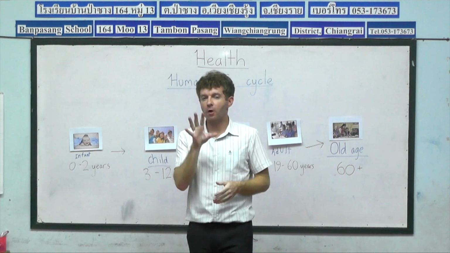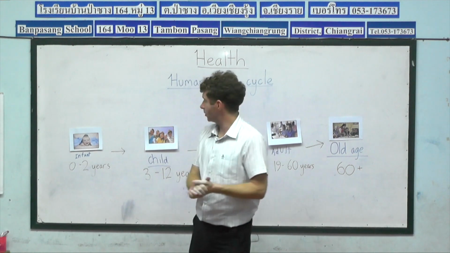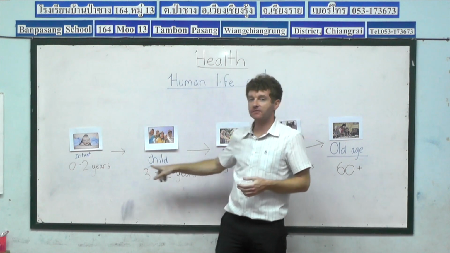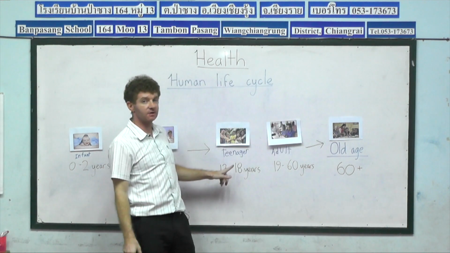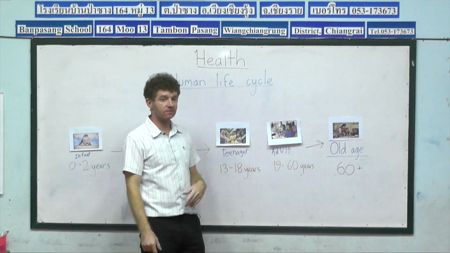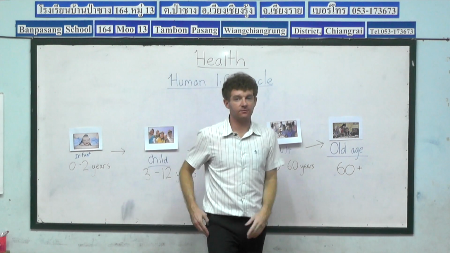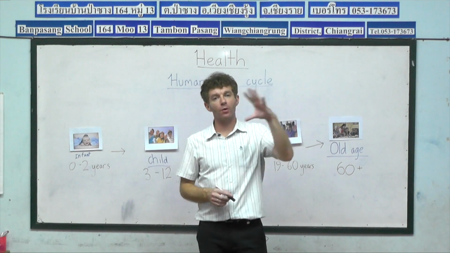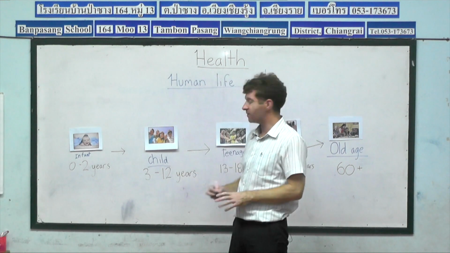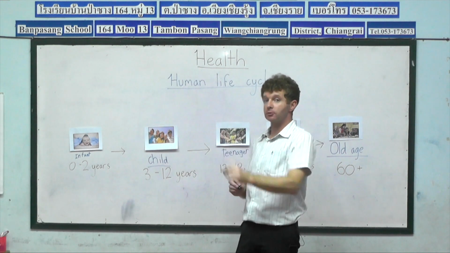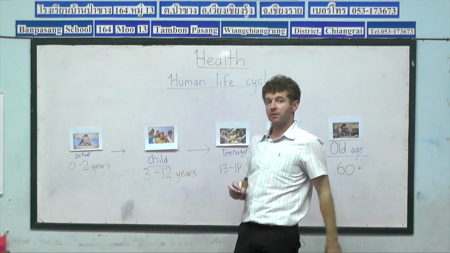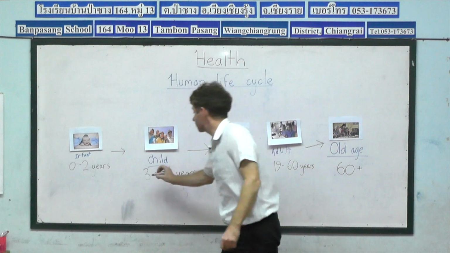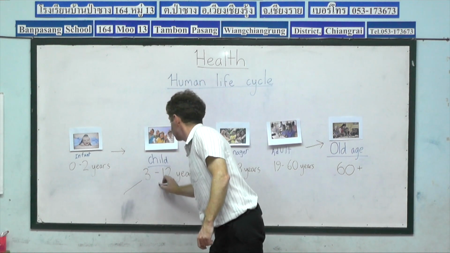Okay, we've got our 5 main stages on the board now. Infant, child, teenager, adult, old age. But we're not quite finished yet, because we're going to go back to the part of our lives when we're children, your age now, because childhood is broken up into 3 different categories.